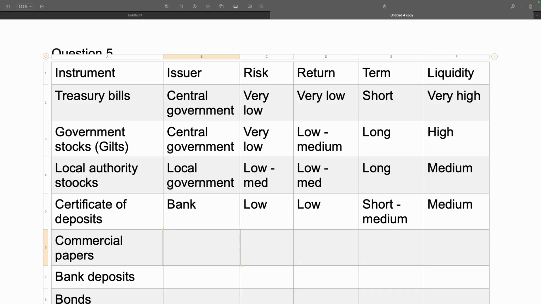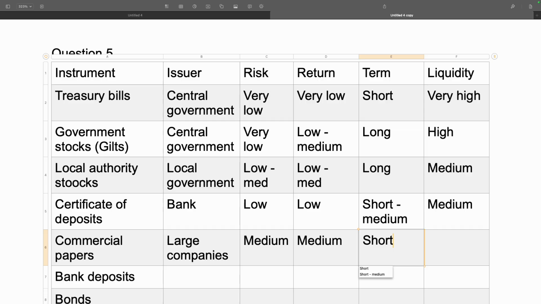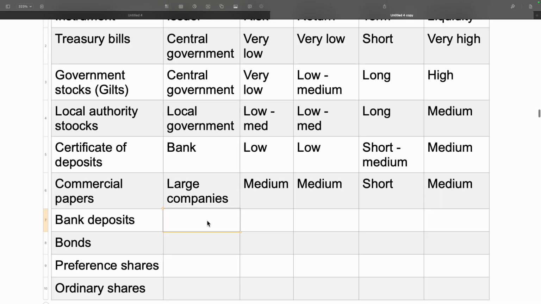Commercial paper issued by... here medium risk, that's medium.